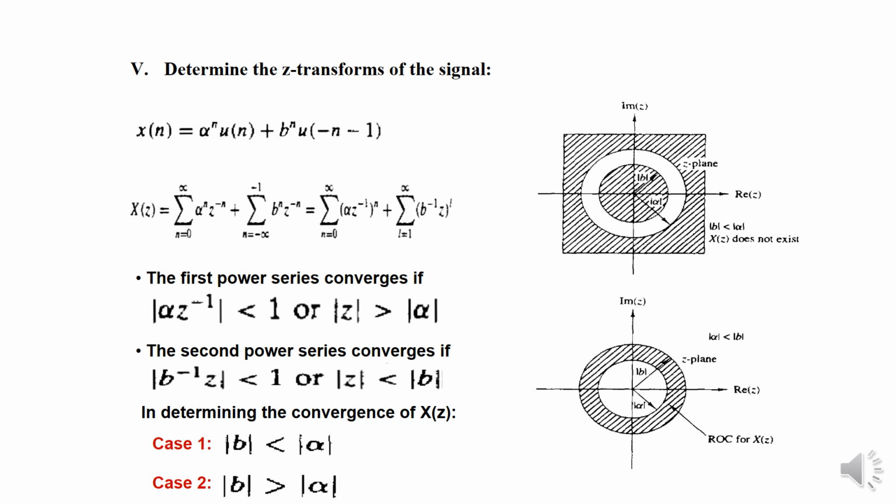Before applying the transform, you have to draw a to the power n u[n] and b to the power n u[minus n minus 1] separately. That means draw a to the power n u[n], and then b to the power n u[minus n minus 1]. Then you can see how those signals are drawn.